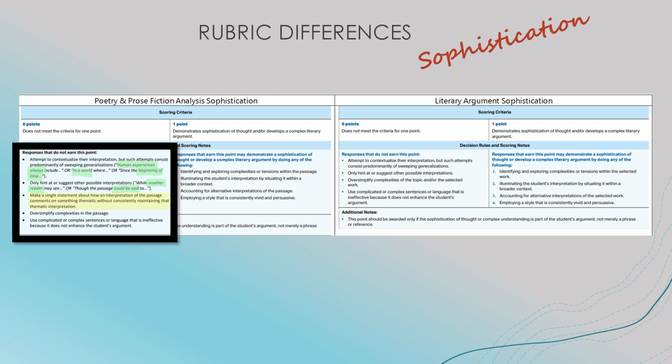Now, the third bullet means that if you write that the theme of the passage is the fear of growing up, you must maintain or continue to support that same theme. An example is that a fear of getting hurt or the pursuit of happiness does not support the fear of growing up theme.